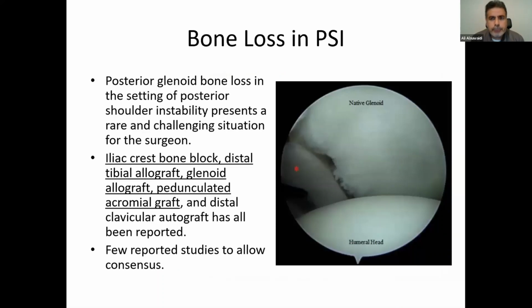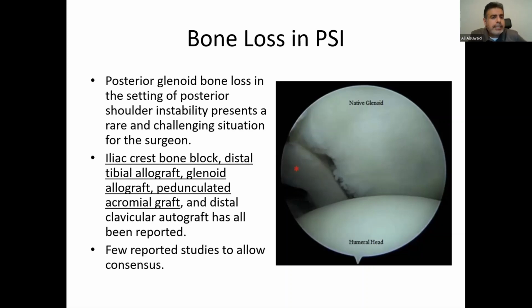Bone loss in posterior shoulder instability is not as common as the anterior, and is not commonly talked about. What has been used in the past to address this is an iliac crest bone block, or a distal tibial allograft, which was found to be the most suitable.